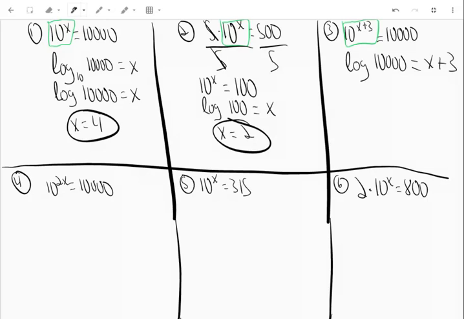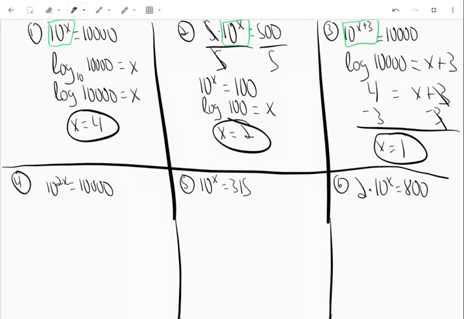Now, we already know that log base 10 of 10,000 was 4. So this is really 4 equals x plus 3. And now I can solve this by subtracting 3 from both sides. So x is going to equal 4 minus 3.